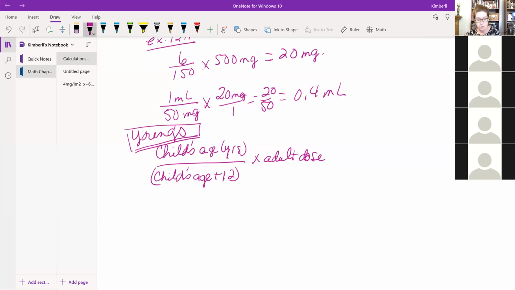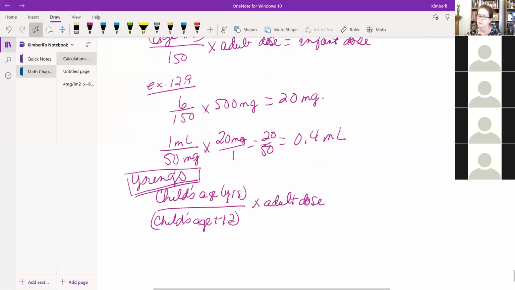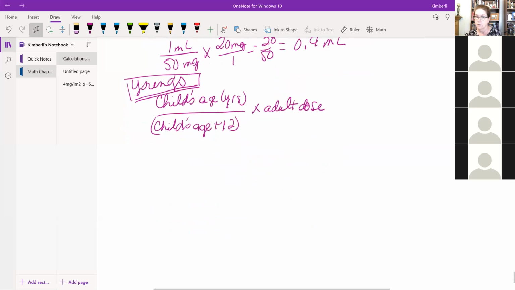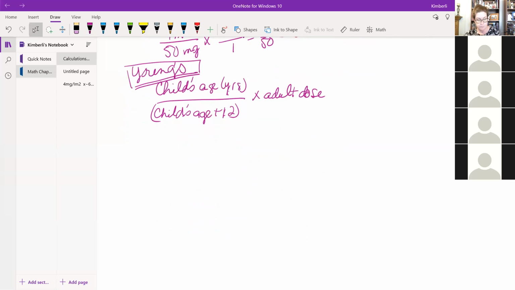A physician orders amoxicillin for a 5-year-old child. So we're comparing amoxicillins here between this infant and the 5-year-old child. The adult dose is 500 milligrams per dose. What dose would be given to the child? So the child is 5.